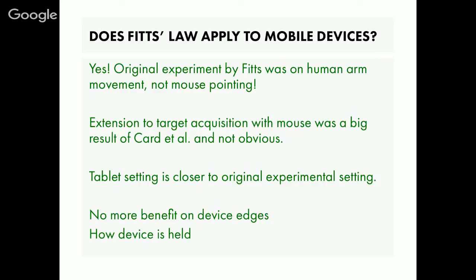There are some interesting issues here because you don't get the benefit of the edge as much, right? Where's the edge here? You kind of drift off the side. So it's harder. Sometimes it works, but not always. And it depends on how the device is held.